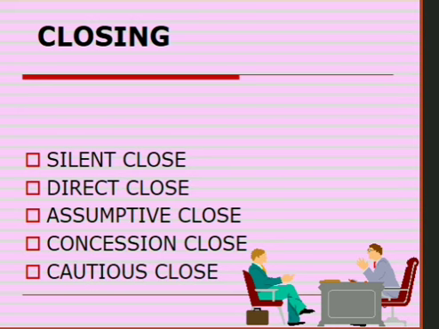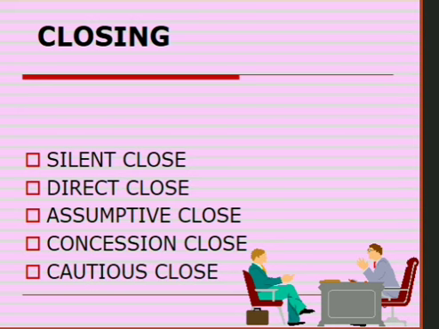Then direct close. In the direct close, the salesperson asks directly for the close of the deal. For example, the salesperson may ask the potential customer a question like, are you ready to place an order, or are you ready to purchase the product? Then next is the assumptive close. In this, the salesperson assumes the customer's consent for the close.